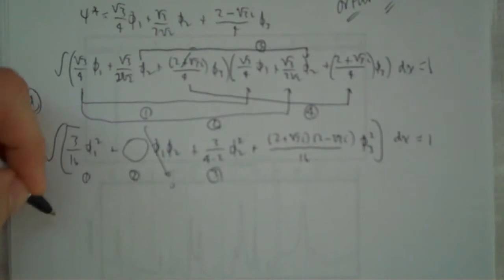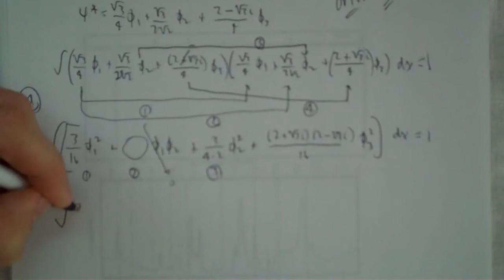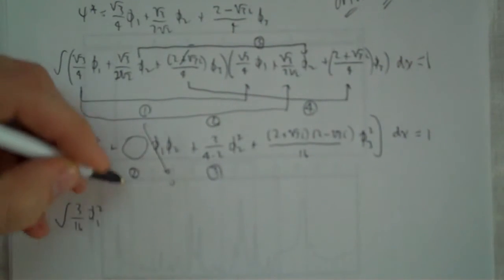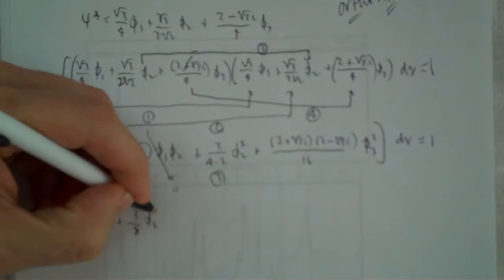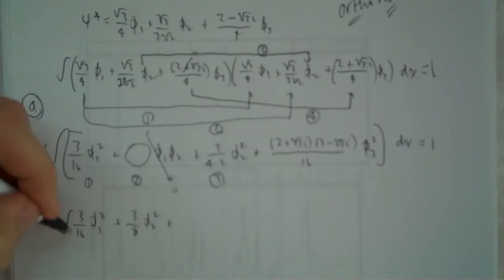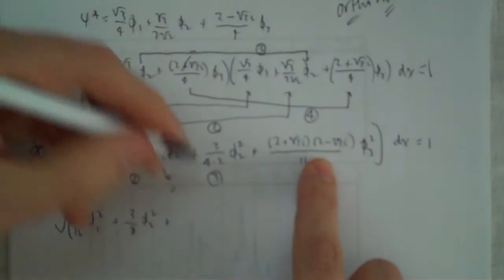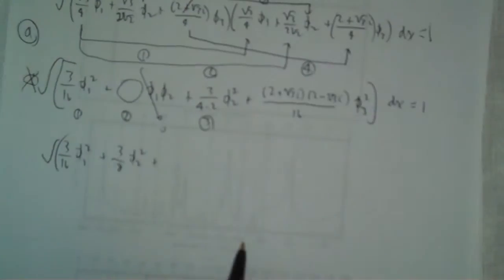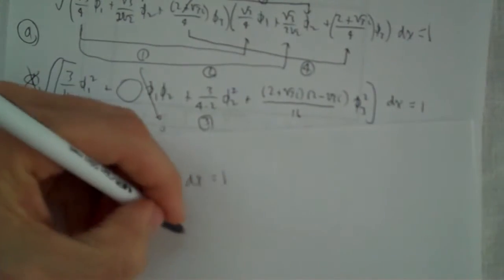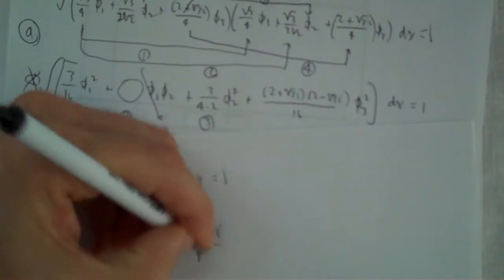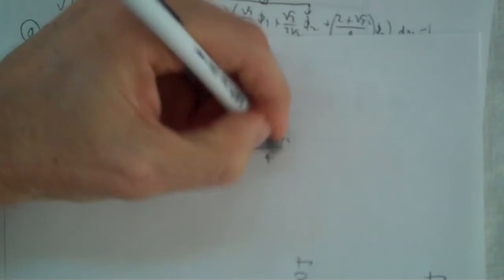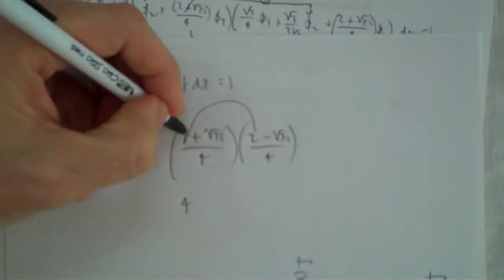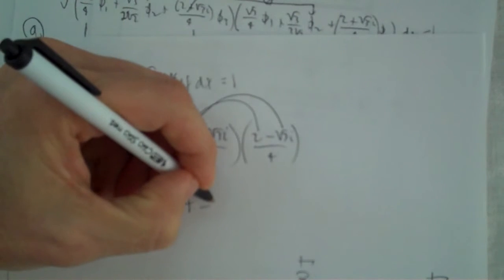So, let me write, I'm going to simplify this. This is 3/16 phi 1 squared plus 3/8 phi 2 squared plus, gosh, I can't do that in my head. Let's go to another sheet of paper. What is that? 2 plus root 3i over 4, 2 minus root 3i over 4. 4 minus 2 root 3i.